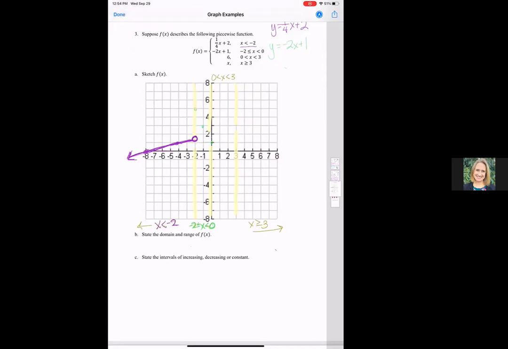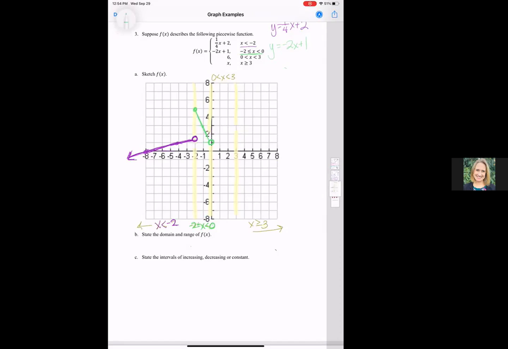I'm going to take the shortcut and go to the left and up because I only want to be in between this space right here because of this domain restriction. So I can now look at the endpoints. I want this one to be an open circle here when x equals 0, but then I want a closed circle here when x equals -2. And so now I can connect that piece.